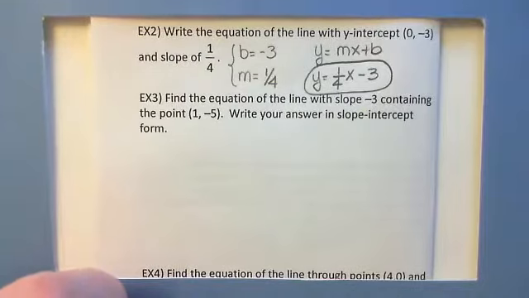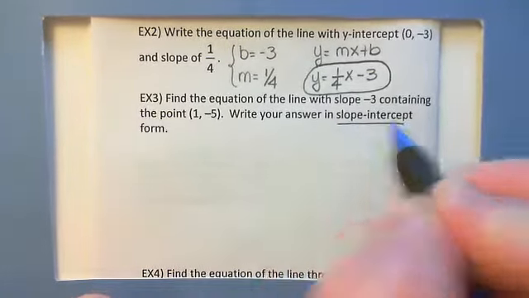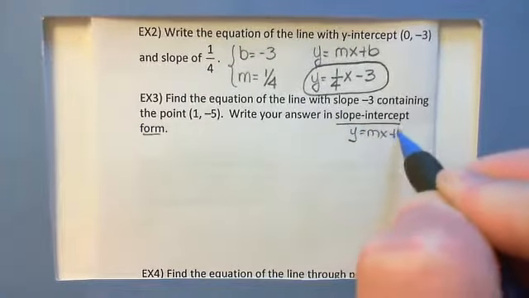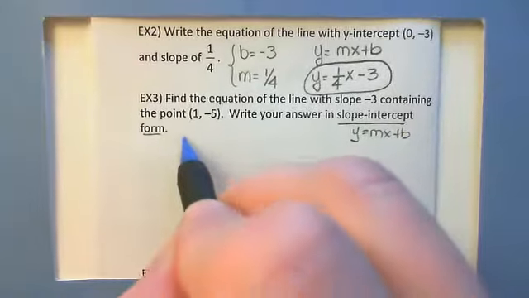Find the equation of the line with slope negative 3 and point (1, negative 5). Write your answer in slope-intercept form. Slope-intercept form means y equals mx plus b. So let's see what information the problem gave us.